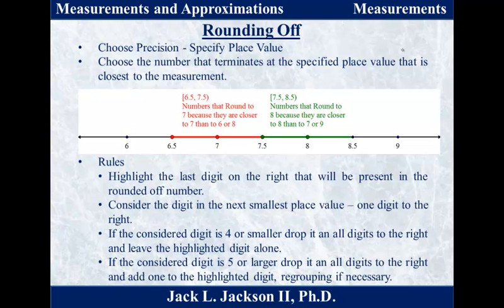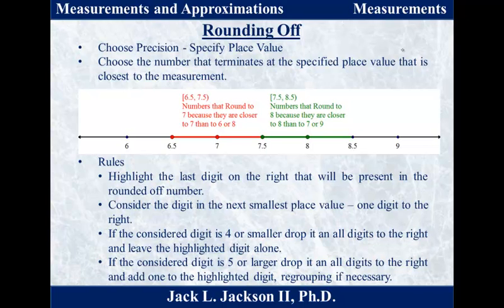So we want the decimal number that terminates at the specific place value that we've set aside, but is closest to that measurement. So, for example, let's look here at this number line. Here's a portion of a number line. If we want to say, what numbers round off to 7?